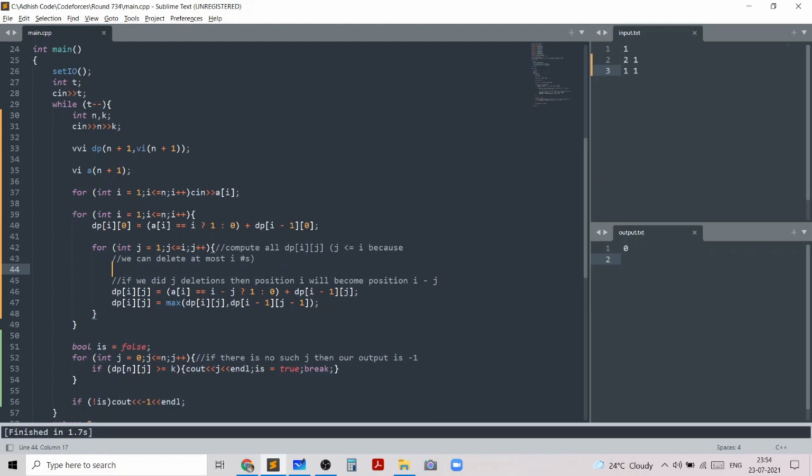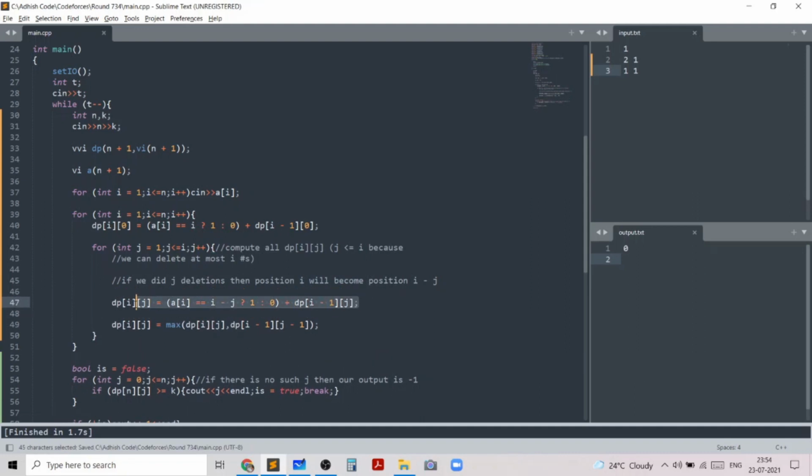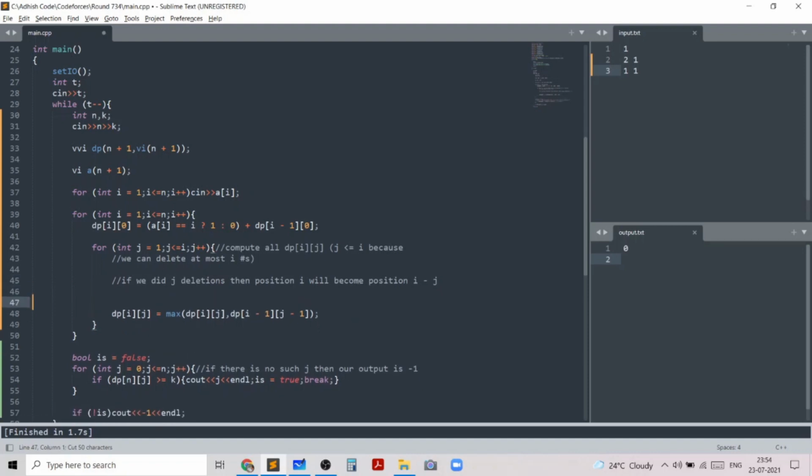And the key observation which I mentioned, observation number 3, was that if we do j deletions, then position i becomes position i minus j, and that helps us take care of those two cases. The first case was the case when we delete i. In that case we know that our value is just dp[i-1][j-1].